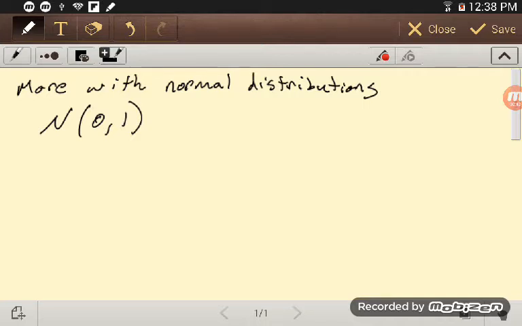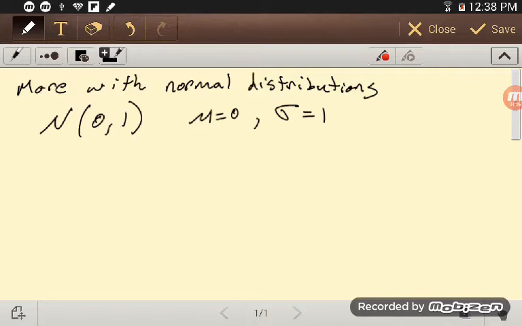So the normal 0-1, and what that means is mu is 0 and sigma, or the standard deviation or standard error, is 1. And so if we can evaluate this one, we can evaluate any of them.